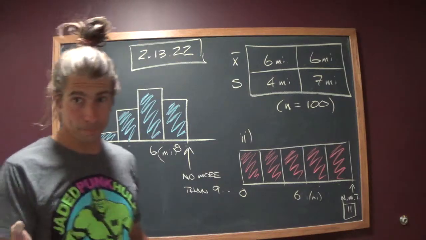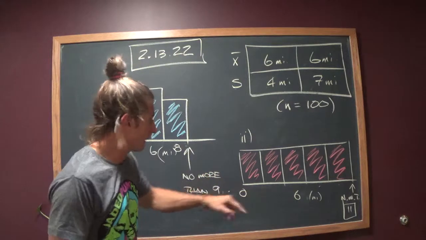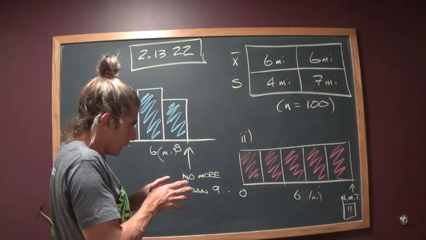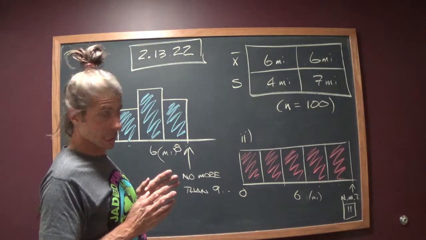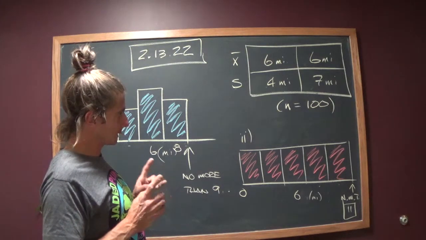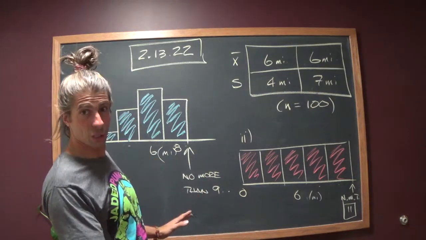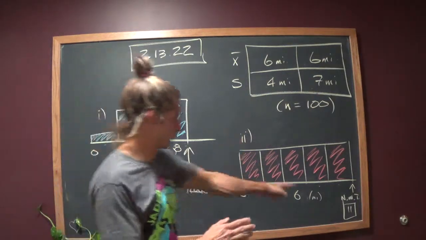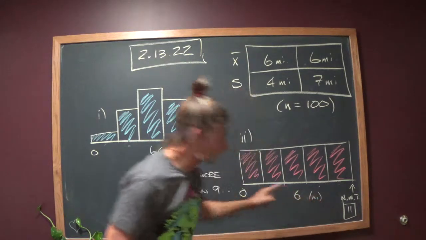Now what does this tell me? Let's look at number 2 here for a second. The maximum distance that a person who was asked by either of these two supervisors lives away from the mall is 11 miles. 11 miles is 5 miles above 6.